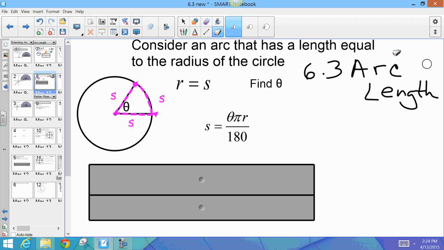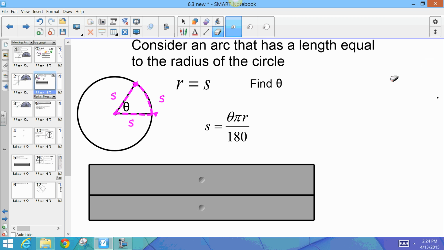Now let's move on to this. This is really, really important because we're going to take what I learned in this section and apply it towards the next. So now I want to consider a special case: a circle whose radius equals whatever the arc length is.